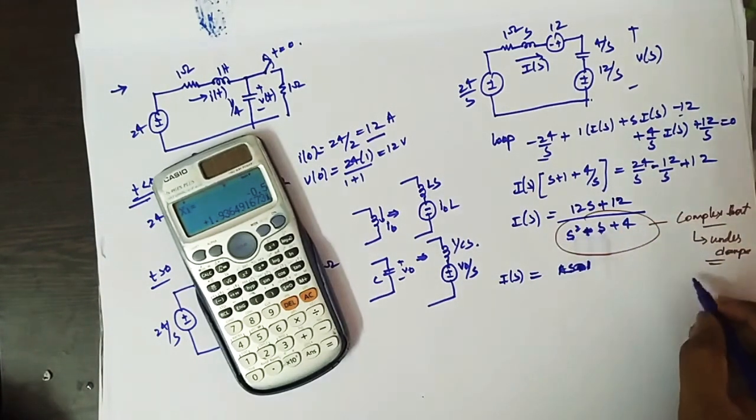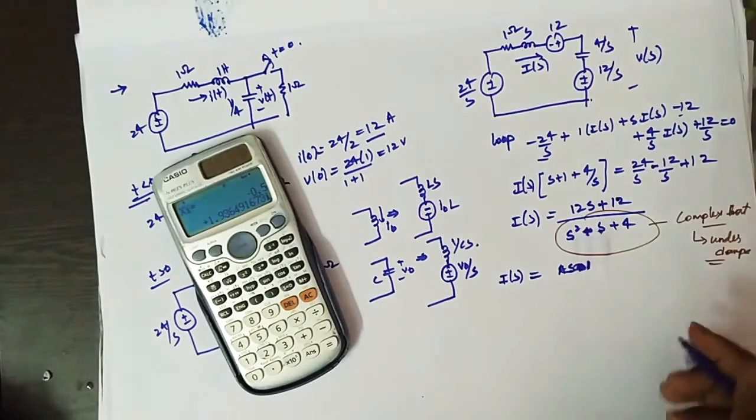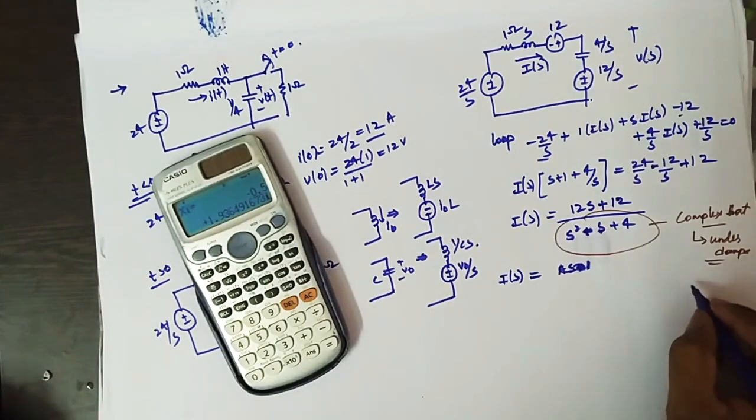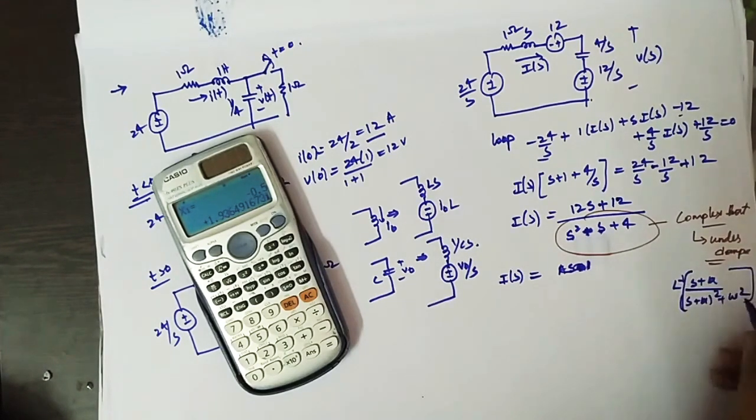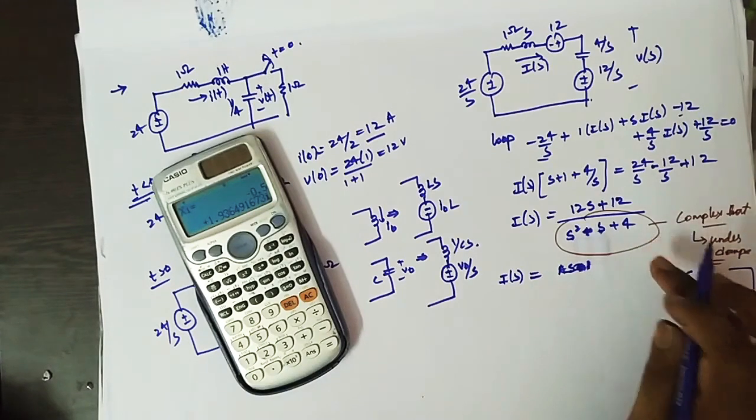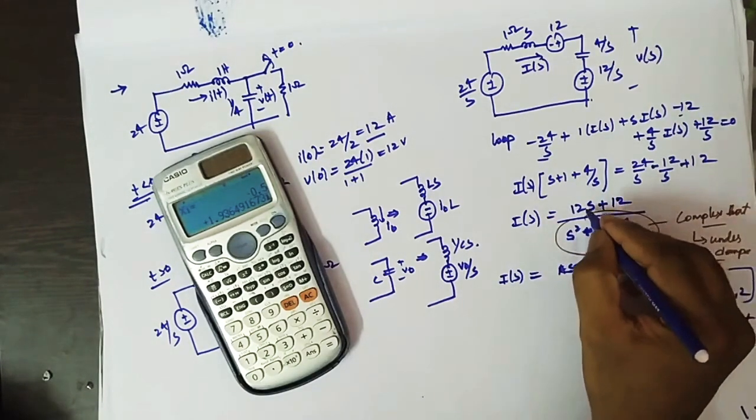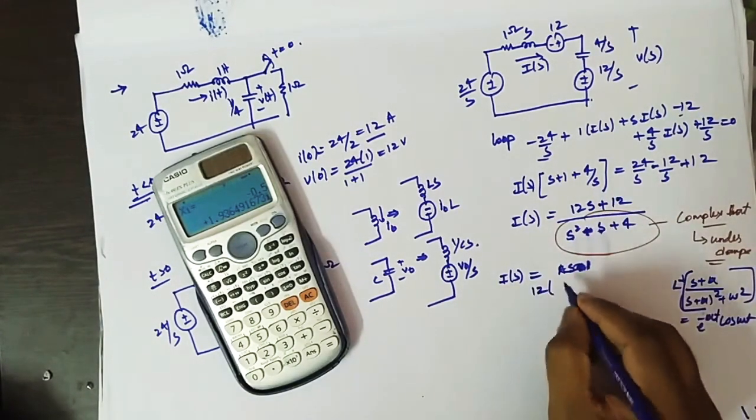If a function has the form s plus a by s plus a whole square plus omega square, the inverse Laplace of this is e power minus at cos omega t. So we need to bring it to the format s plus a whole square plus omega square. For this, initially for the numerator, take the constant 12 as constant.